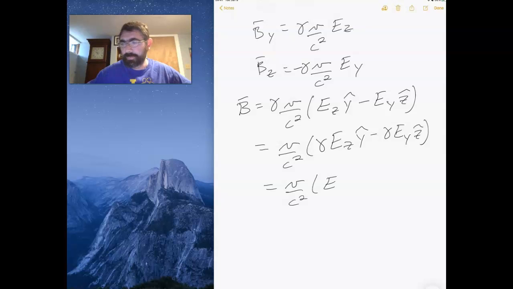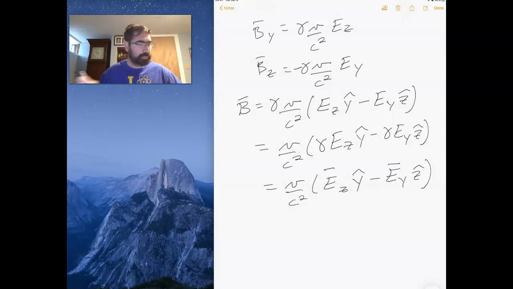So we'd have Ez in the y direction minus Ey in the z direction, all measured in the S bar frame.